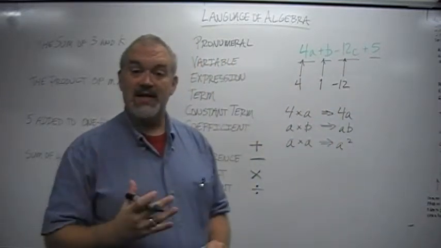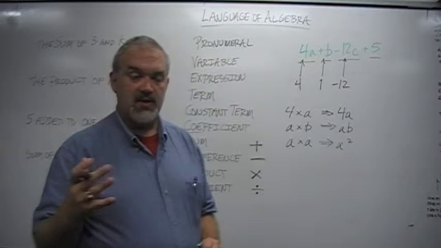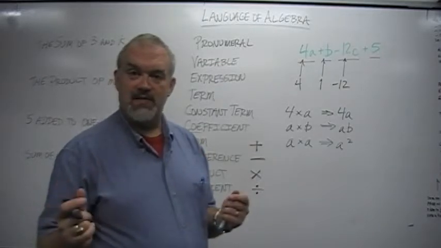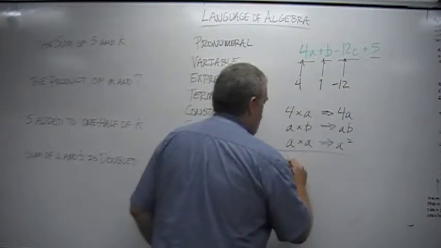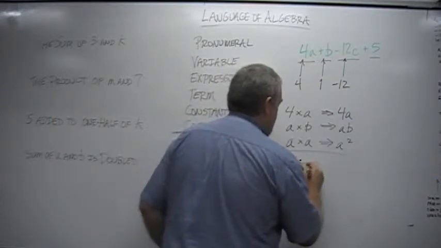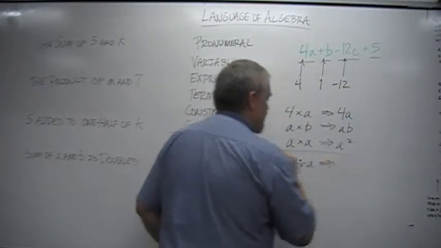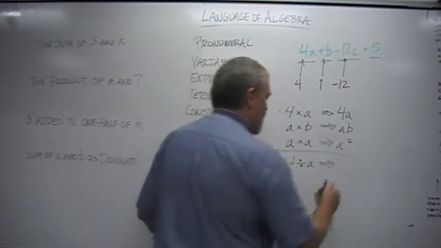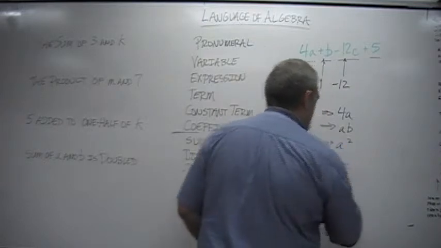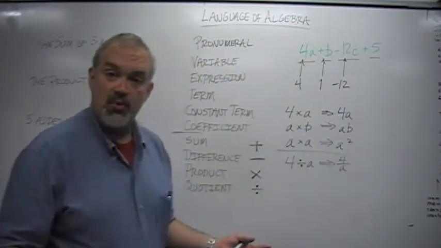Okay? And then the last convention that we typically use in algebra is we don't use division signs very often. So if we wanted to say something like 4 divided by A, we would write that as 4 over A. We would write it like a fraction. We can do that with 2 pronumerals.